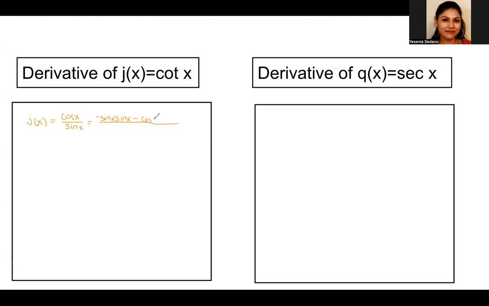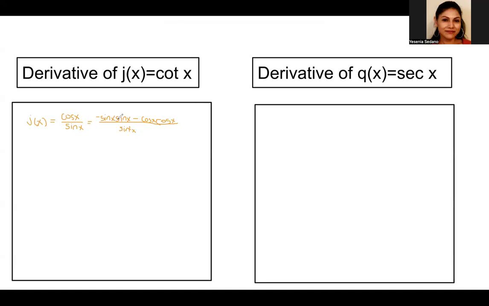And then we're going to take the derivative of the bottom function, and the derivative of sine is plain old cosine. And then all over the bottom squared. So it's all over sine squared of x.